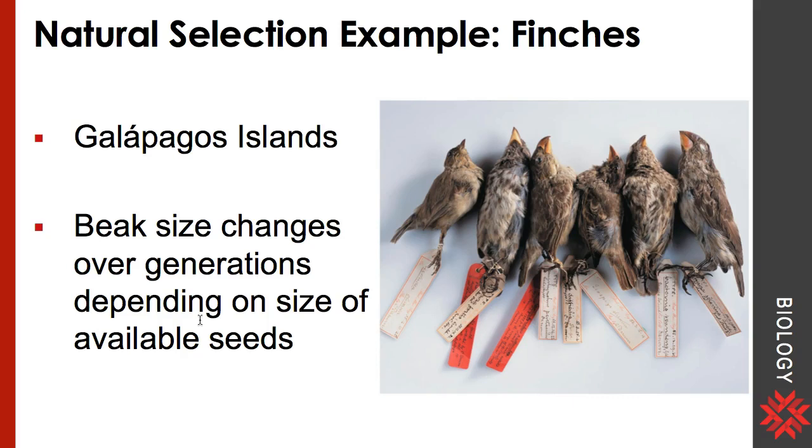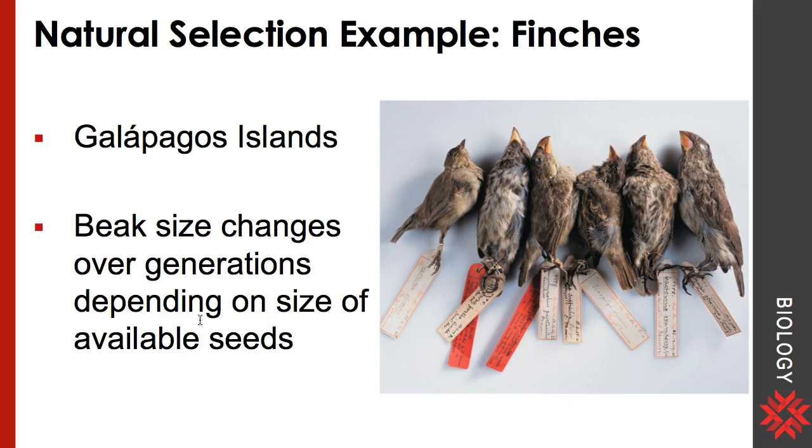So those birds that had small beaks weren't really able to eat because they didn't have a lot of small seeds. There were more larger seeds, more resilient seeds, but those birds with the small beaks couldn't break into those larger seeds in order to get the food that they need to survive. Those finches that had a larger beak size were able to break into those larger seeds. They were able to get the nutrition.